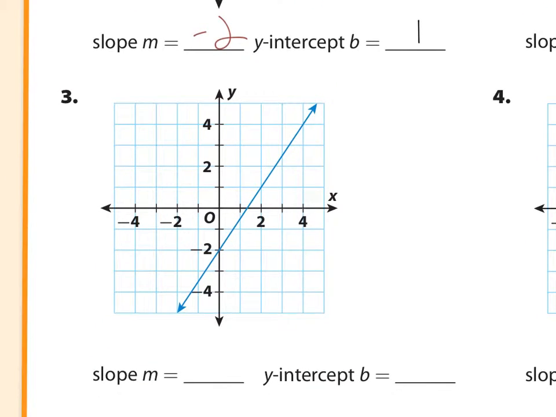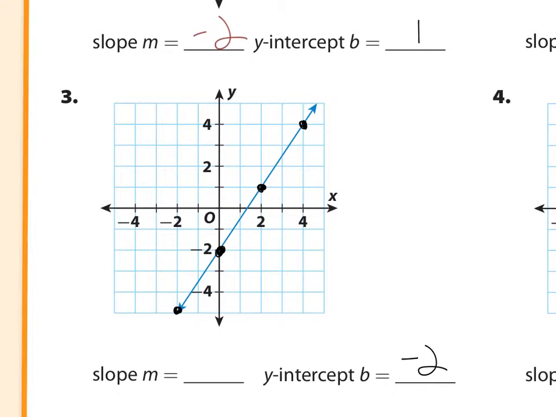Number 3. What's my y-intercept? 2. Close. Negative 2. All right. Now, I can see that's a good point. That's a good point. So, how much do I need to rise? I heard 4.